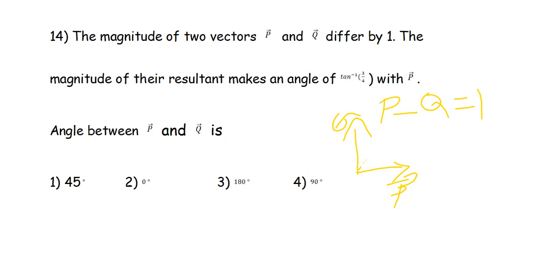So they have given us P minus Q equal to 1. Theta is tan inverse of 3/4.